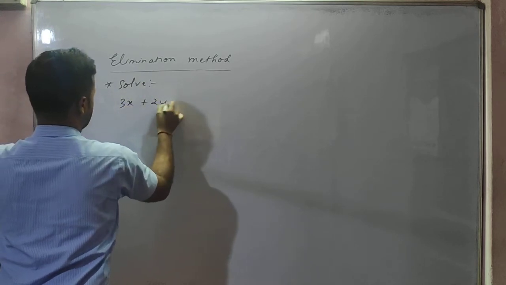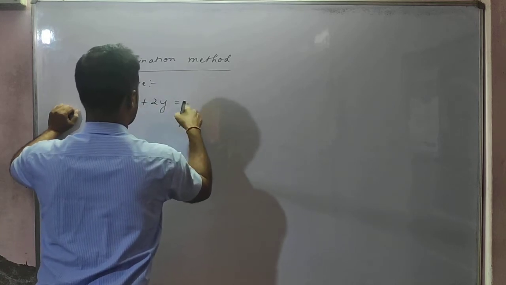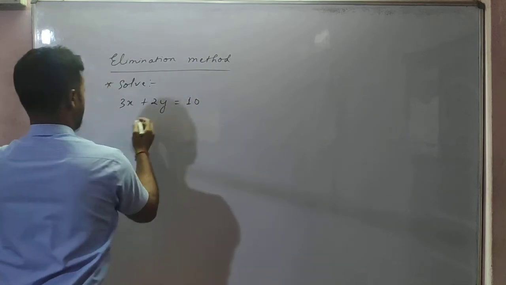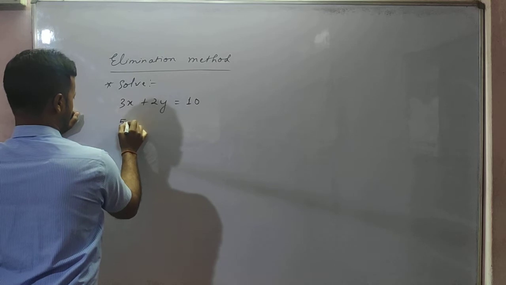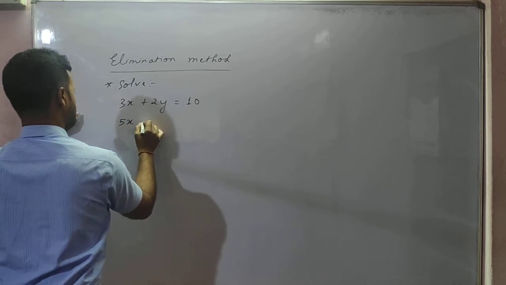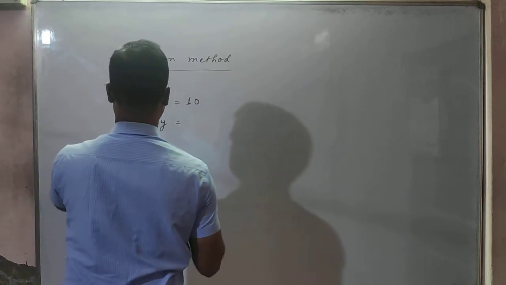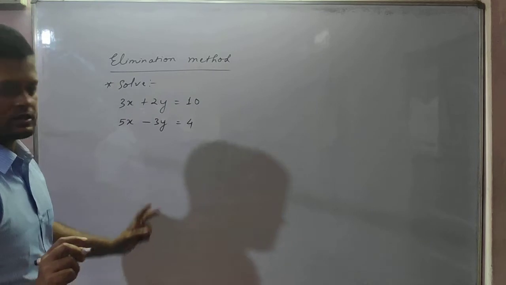x plus 2y is equal to, suppose, 10, and one more, 5x minus 3y. Let us solve this equation.